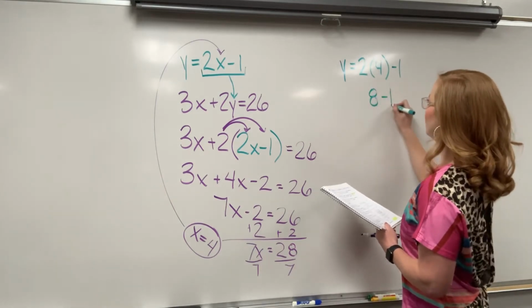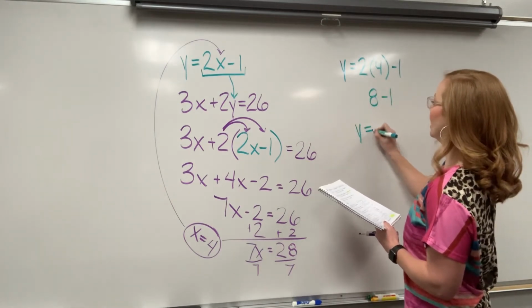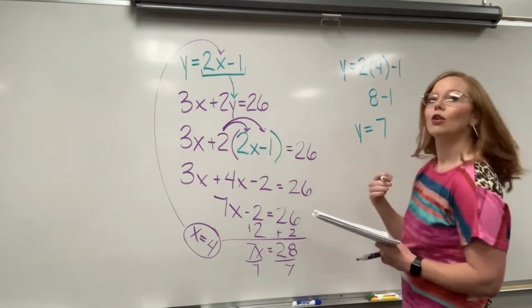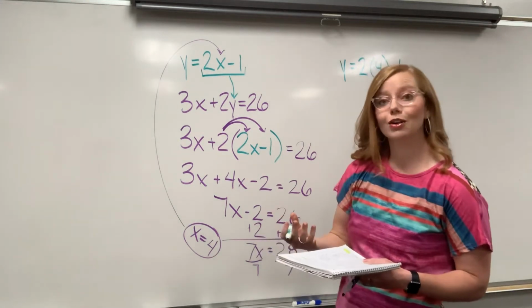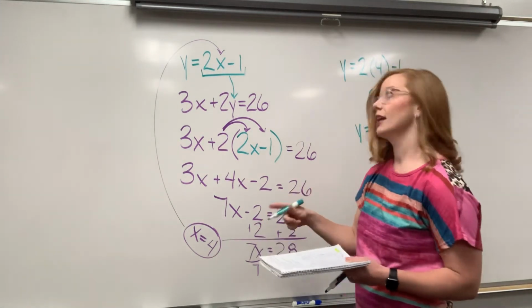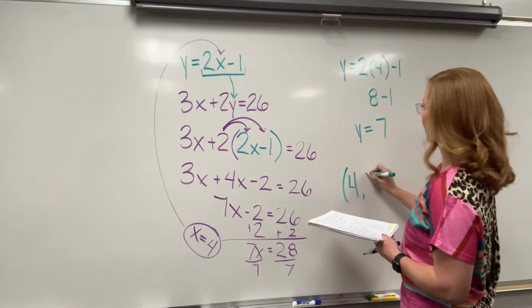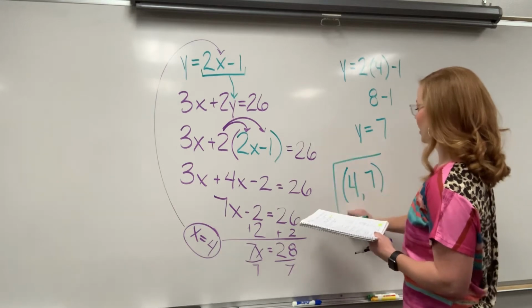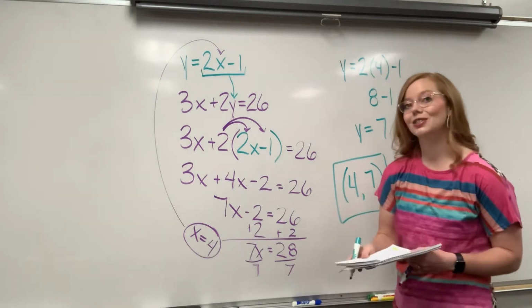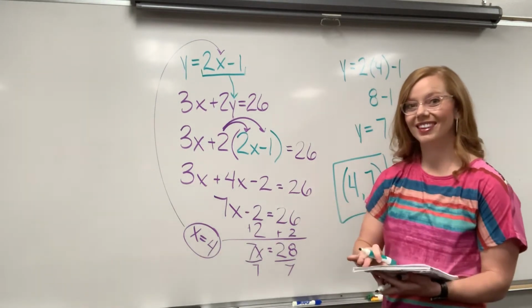And so I get 8 minus 1, y equals 7. Remember, my solution should look like an ordered pair, x comma y. So that's how we write our answer. 4, 7. And that's a solution to our system of equations, okay?